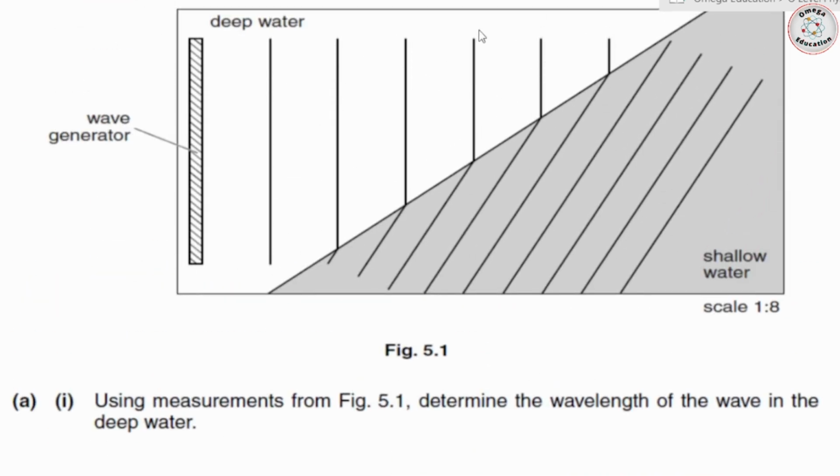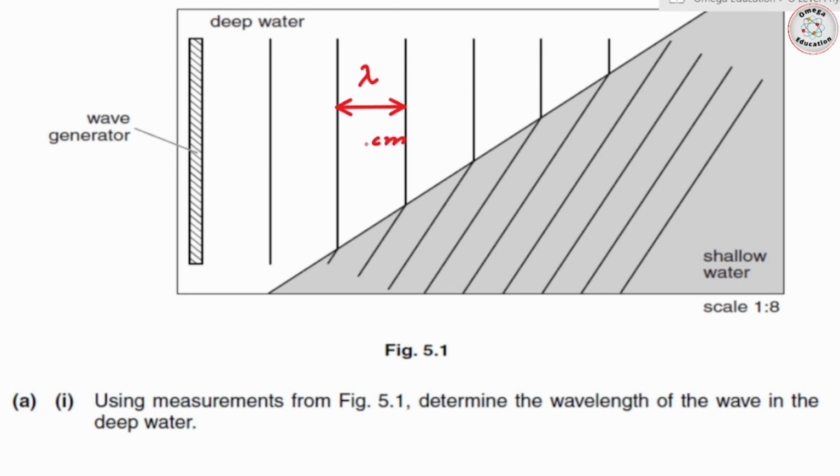Alright, so that's an easy one. All you have to do is take out your ruler and measure the distance from the first wavelength to the next consecutive wavelength. That would be your wavelength on the sheet of paper. Let's say I can't do it with the help of a ruler, so I assume that this distance is, let's just call it 2 centimeter.